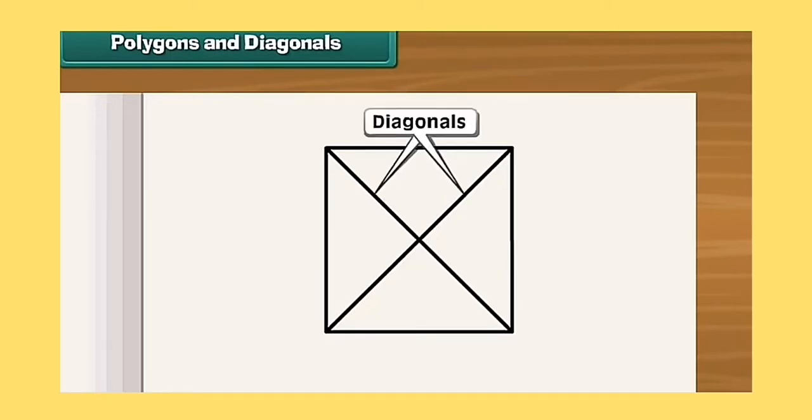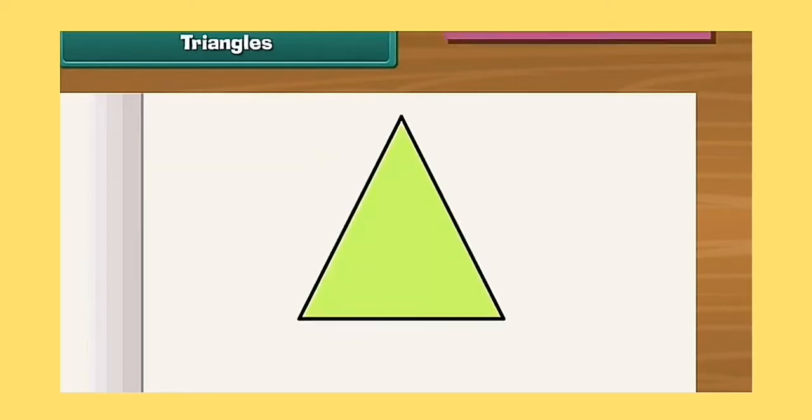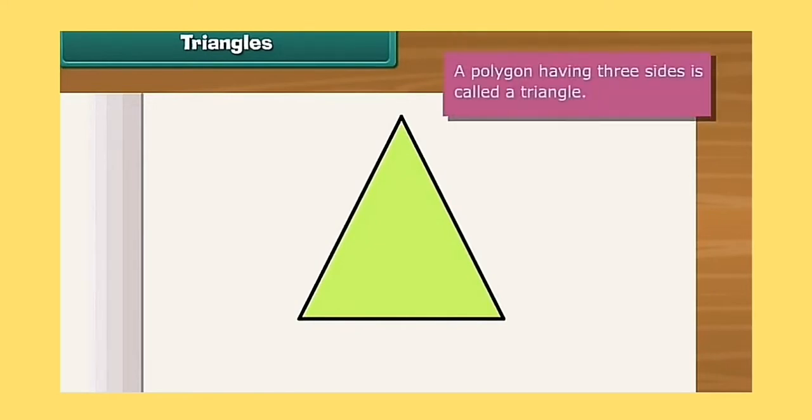Alright. So we have studied what are polygons and diagonals. Now let us see some more examples of polygons. Look at this. You already know this is a triangle, but that is also made up of 3 line segments.